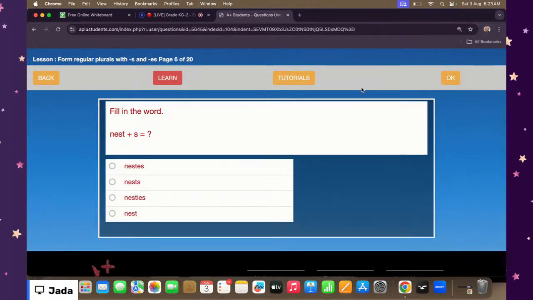Nest plus S. Nest plus S is what? It is nests, okay?